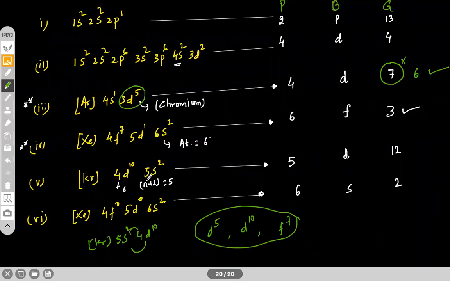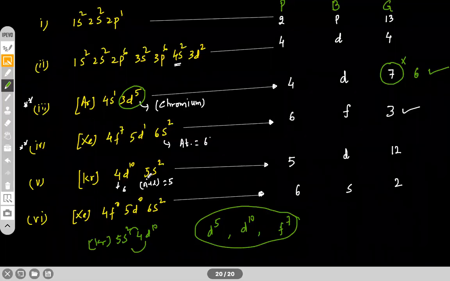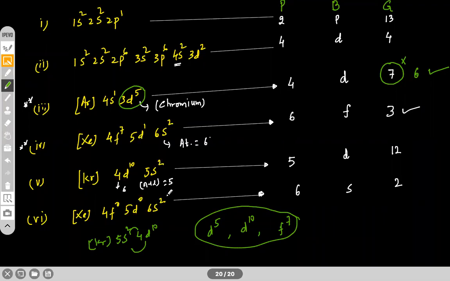Proof I have given you. You calculate the n plus L value of the two orbitals. Obviously 5s orbital has lesser n plus L value than 4d. So obviously electrons should go into 5s first and then into 4d. Correct, so this kind of understanding you must have. Did you get it, Kirtana?